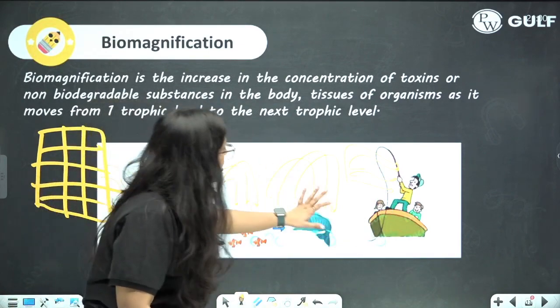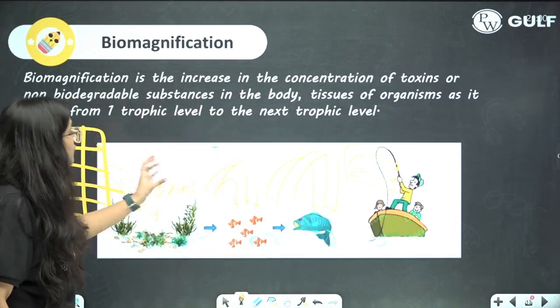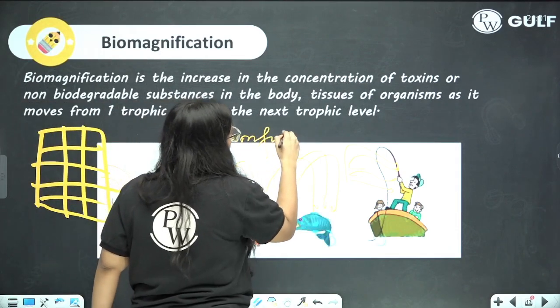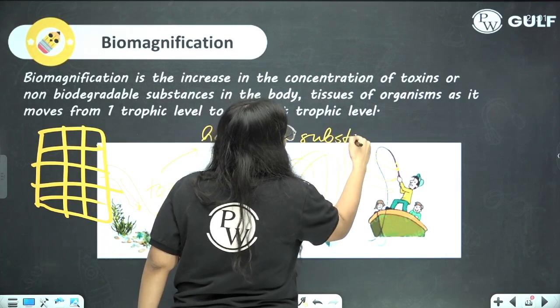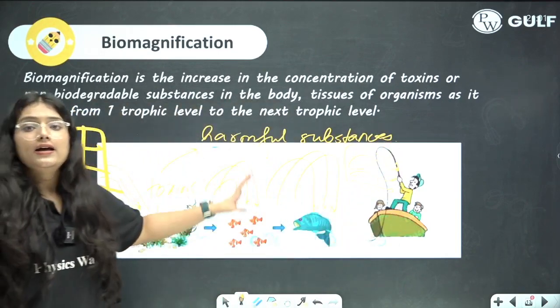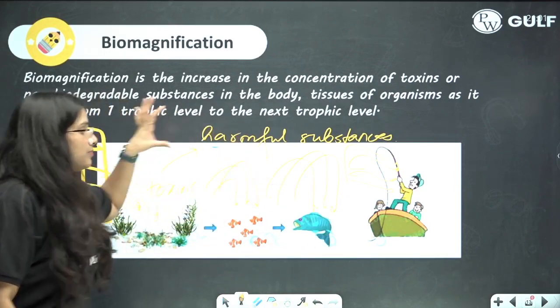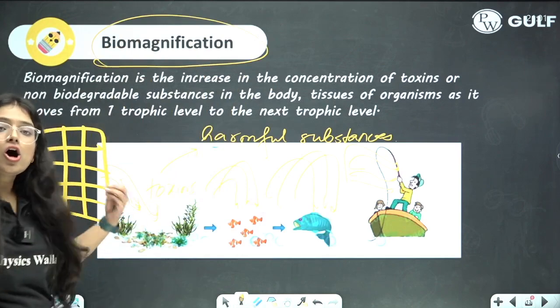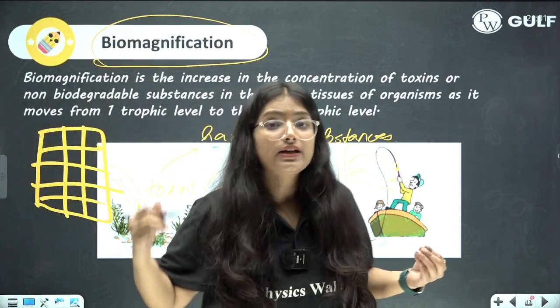So what's happening here? This transfer of toxins or harmful substances into the subsequent trophic level is known as biomagnification, or you can also call it biological magnification.